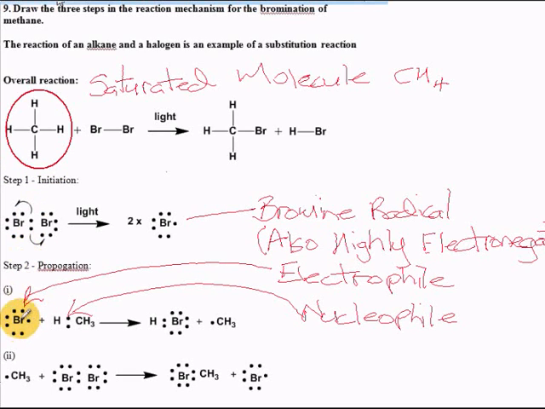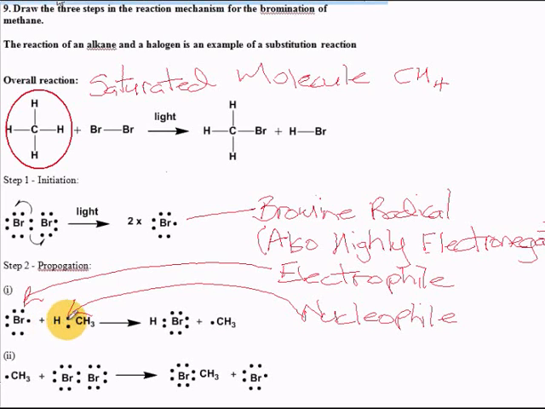Okay, so then we have our electrophile, the bromine, and our CH4 methane molecule, and we're highlighting one of the bonds. We're looking at one of the hydrogen bonds, these covalent bonds. We have an electron pair, a covalent sharing of electrons, one from the hydrogen and one from the carbon, because the carbon is in group 4 and has 4 valence electrons, one of which is being shared with this particular hydrogen.